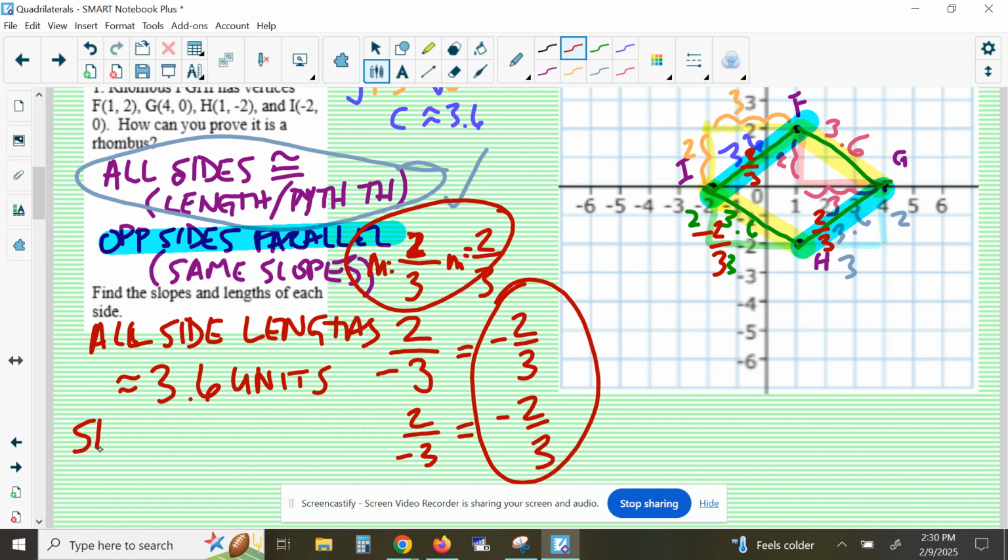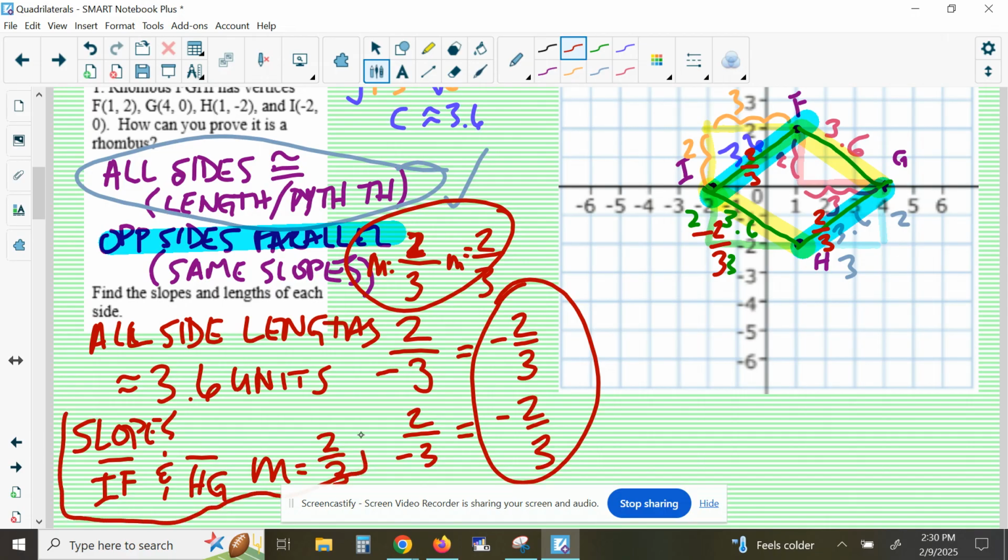Okay, and then slopes. We have segment I to F, this is the blue one, and then H to G. We have m equals 2/3. And then, let's scroll down a little bit.